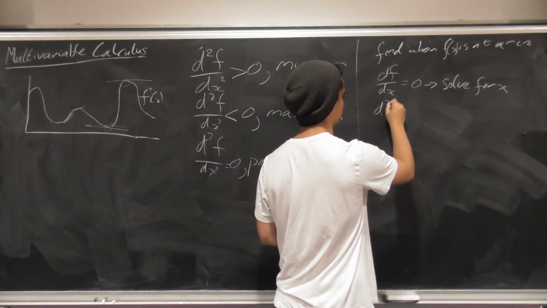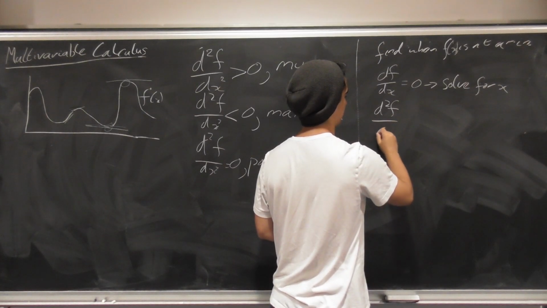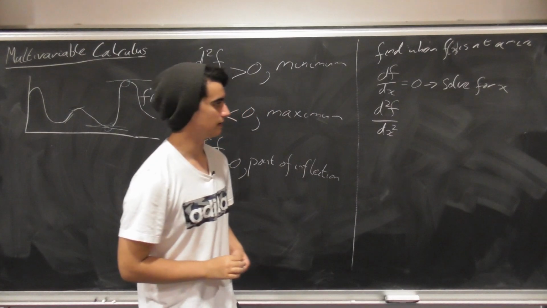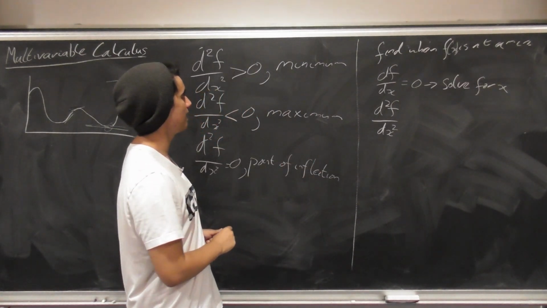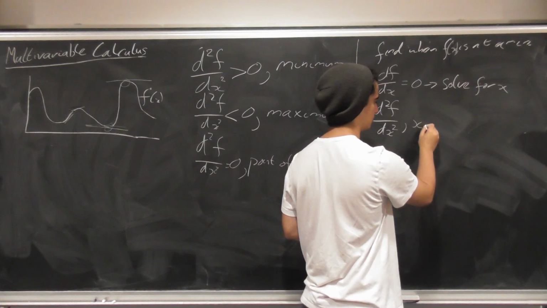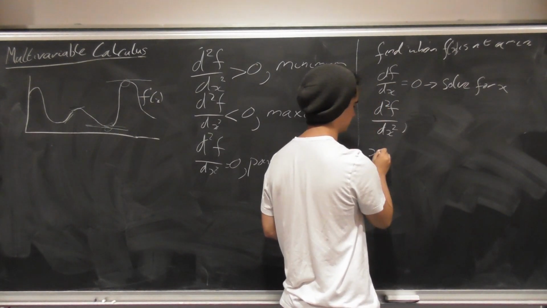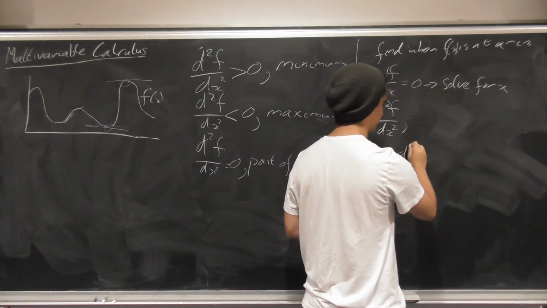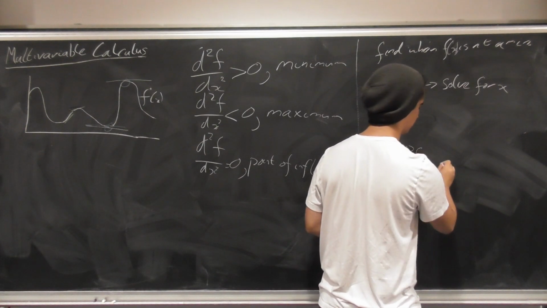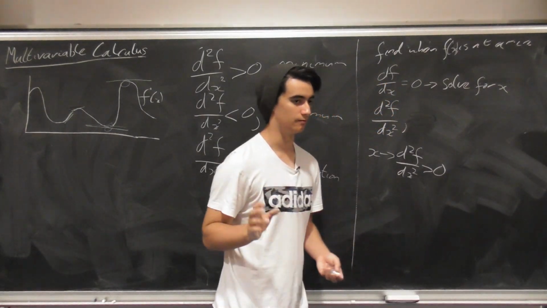Then we take the second derivative and test out all of these x values that we've solved for, and we find an x such that the second derivative is greater than 0, and that gives us a minimum point.